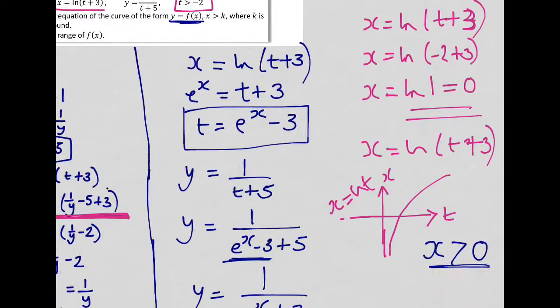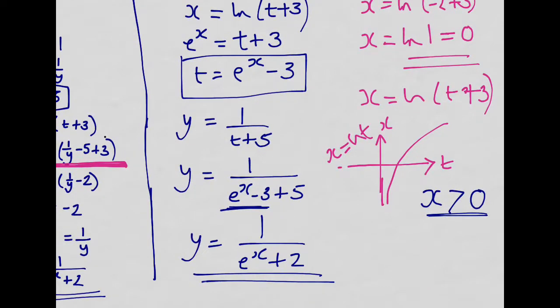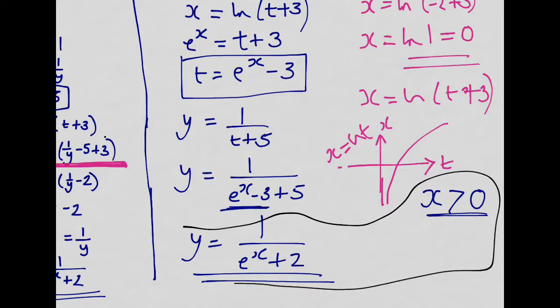So that is my final answer, would include all of that. Okay? So that there is finding a Cartesian equation of a curve and including the domain. And remember, the domain are the input values, the x values in this case.